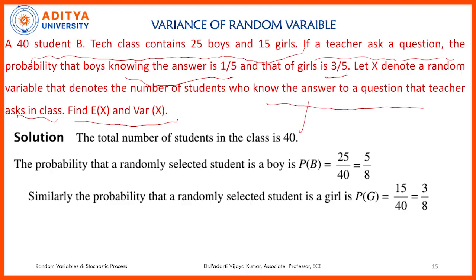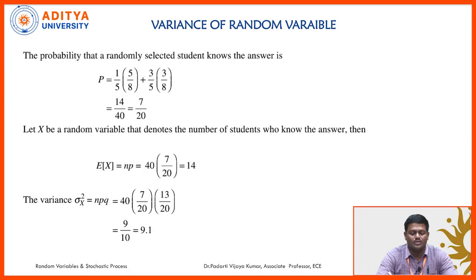The probability of selecting a boy is 25 by 40. The probability of selecting a girl is 15 by 40. Now the question is the probability that a randomly selected student in the class knows the answer. So based on the total probability theorem, the selection of a boy and he knows the answer, plus the selection of a girl and she knows the answer. So this is equal to 7 by 20.